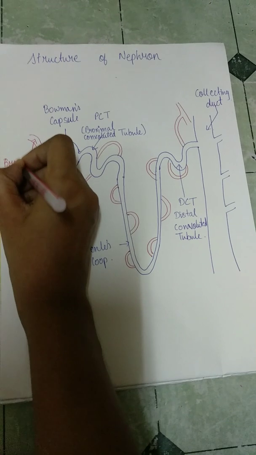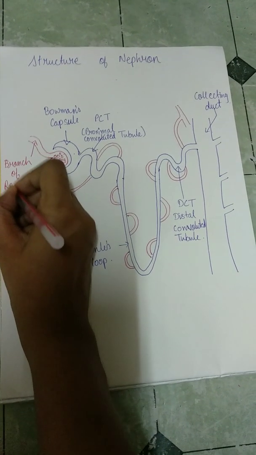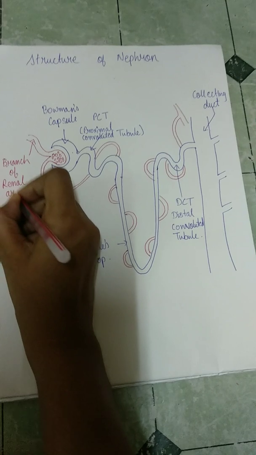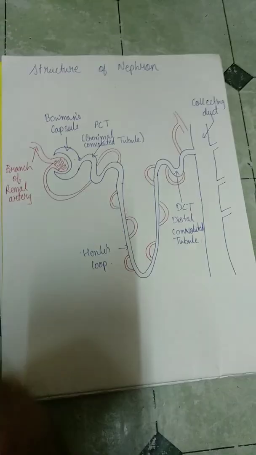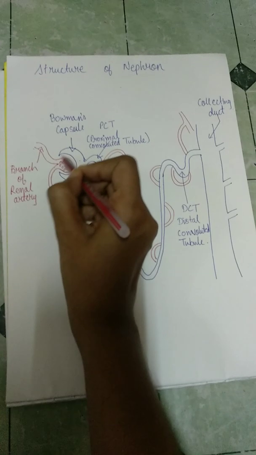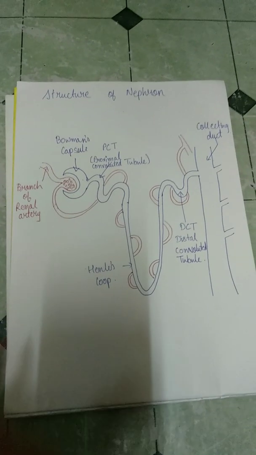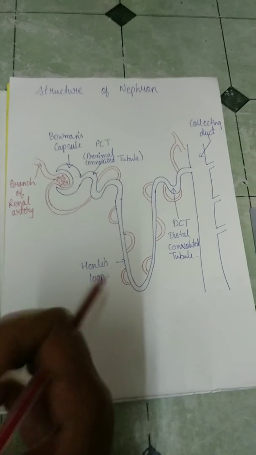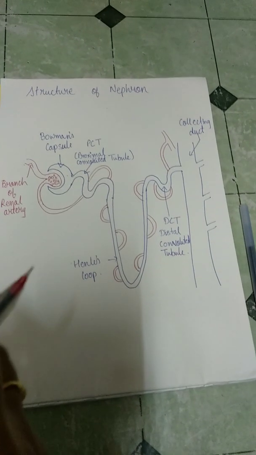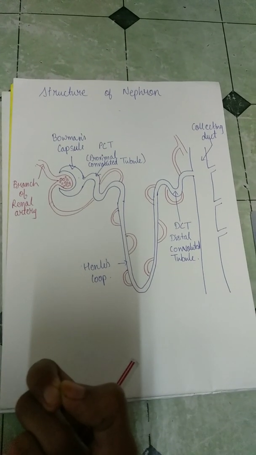It is one of the arterioles, so you label it as branch of renal artery. When it enters inside the Bowman's capsule, it divides into a bunch of capillaries, and these capillaries are so coiled and so high in number that they appear like a knot.